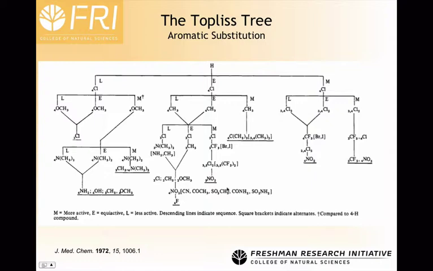Now, we're also interested in this Topliss study. This is the original scheme from the Topliss paper where he described how to substitute aromatic compounds. So start with an aromatic compound, a phenyl ring, the benzene ring. It has an H on it. Well, then try making it with a chloro at the 4 position.